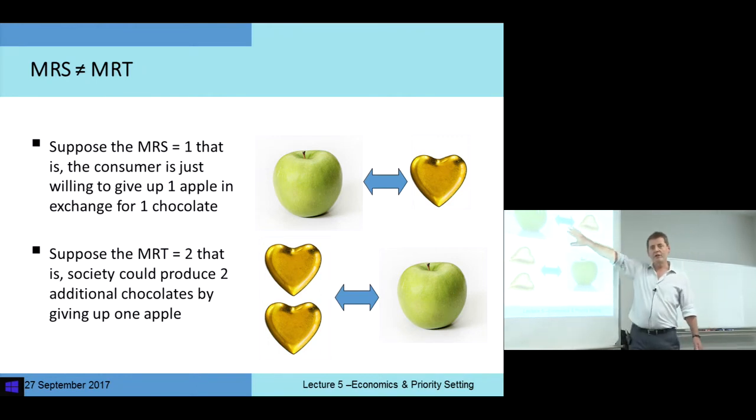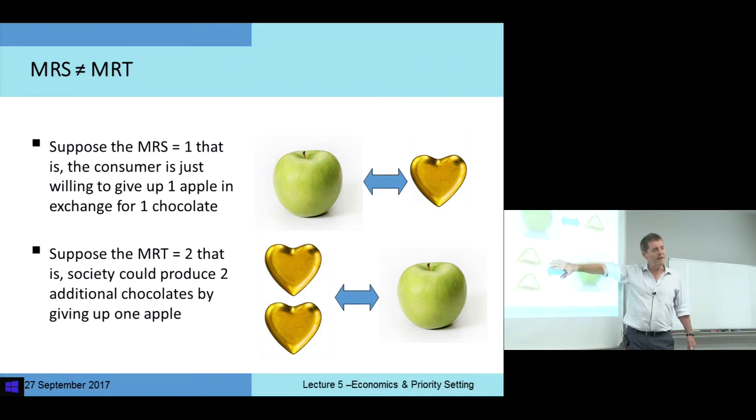Now, this situation would not be optimal in the sense that it can be improved on. We can do better than this. How do we do better than this? We produce fewer apples. Because for every apple less we produce, I need a chocolate to compensate someone who's losing their apple.